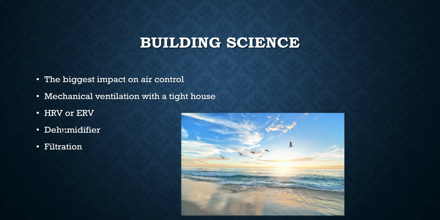Now, in terms of building science, remember building science, the whole premise being improving the quality of what we're building, the environmental impact and the longevity of what we're building. HVAC is going to have one of the biggest impacts on this, because the whole premise of having a tighter envelope with building science and having a good thermal barrier and good walls with no thermal bridging and all these factors, right?